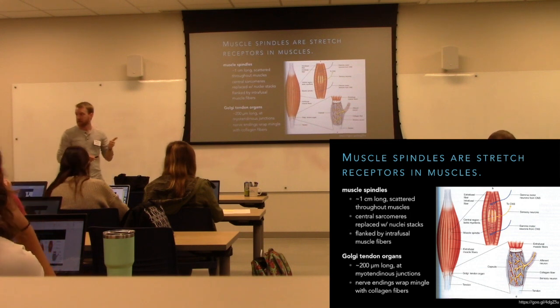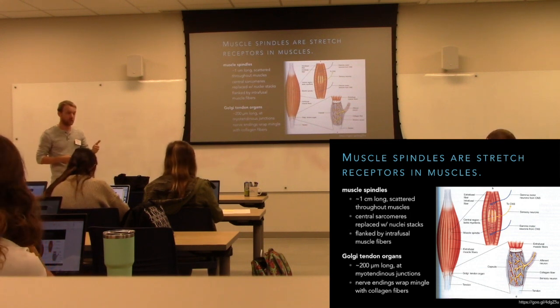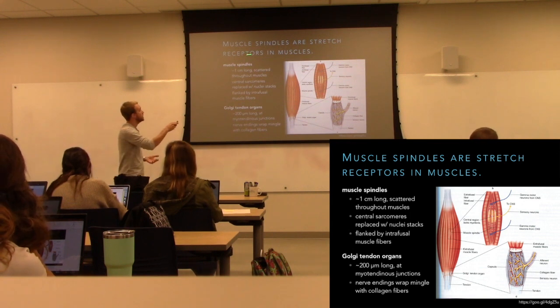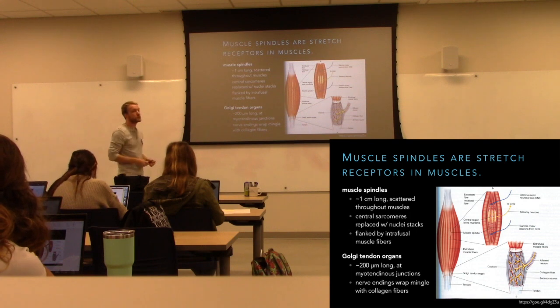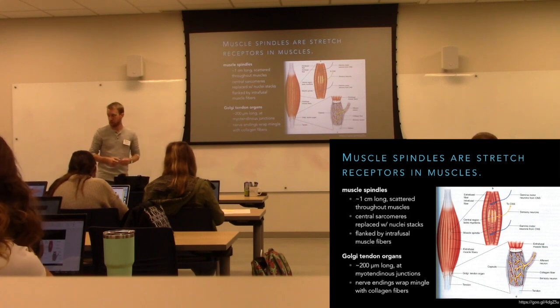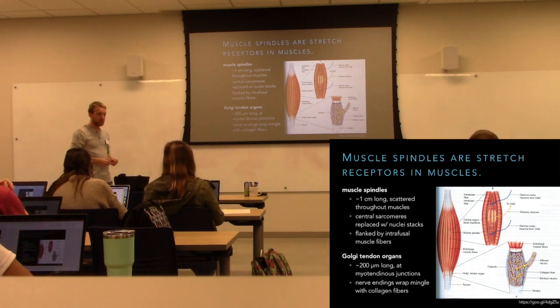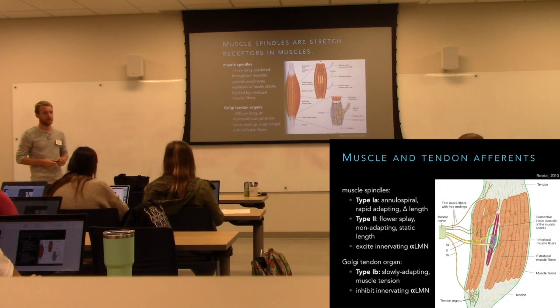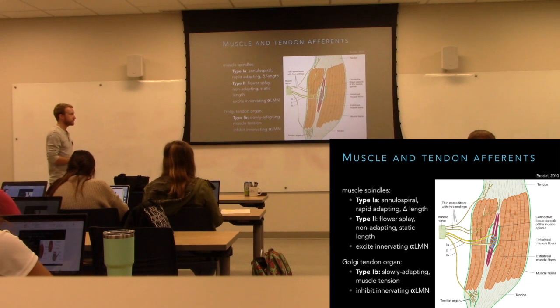So one senses muscle length, or the deviation from our desired muscle length, more accurately, that'd be our spindle afferents. And then the Golgi tendon afferents, those are going to sense muscle tension. You can have tension on your muscle at different lengths, so they don't always send the same types of information.